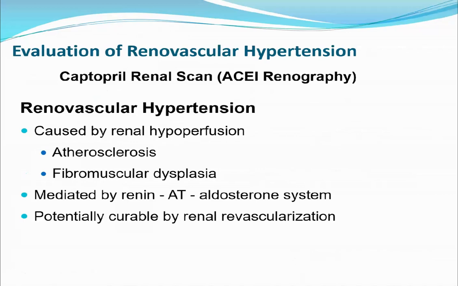The third indication for radionuclides in nephrology is evaluation of renovascular hypertension: Captopril renal scan, ACE inhibitor renography. Renovascular hypertension is caused by renal hypoperfusion due to atherosclerosis, fibromuscular dysplasia, or renal artery stenosis.